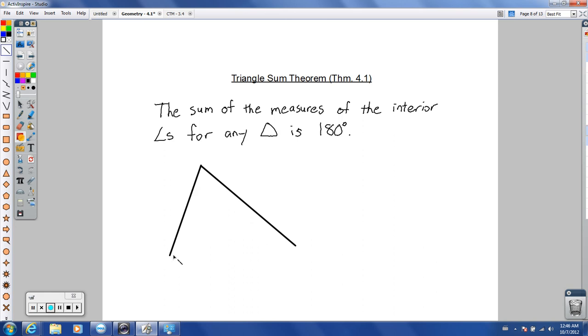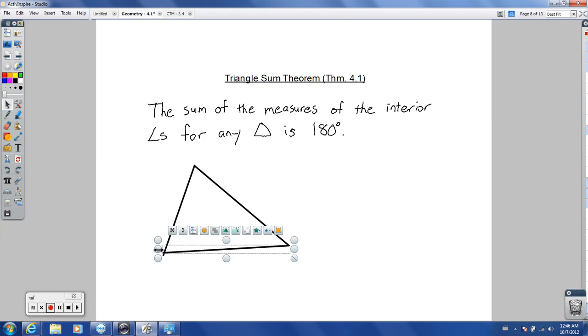I'm not drawing any special type of triangle here. So something like that, and that. Slide that down just a little bit. Oh, wrong one. There we go. Okay. And so let's call this A, B, and C. So if that's labeled like that, you would say the measure of A plus the measure, what is that?